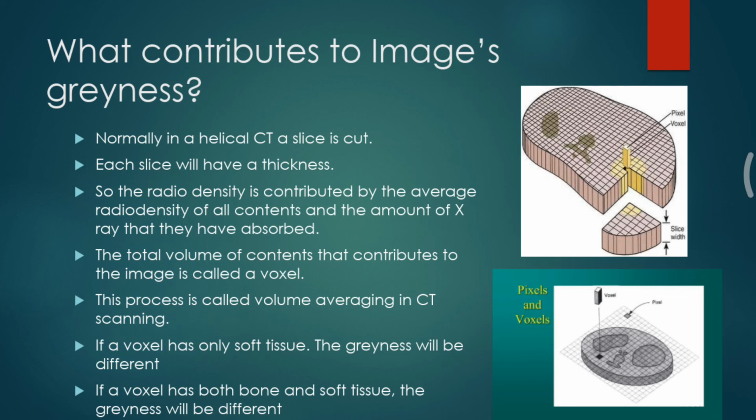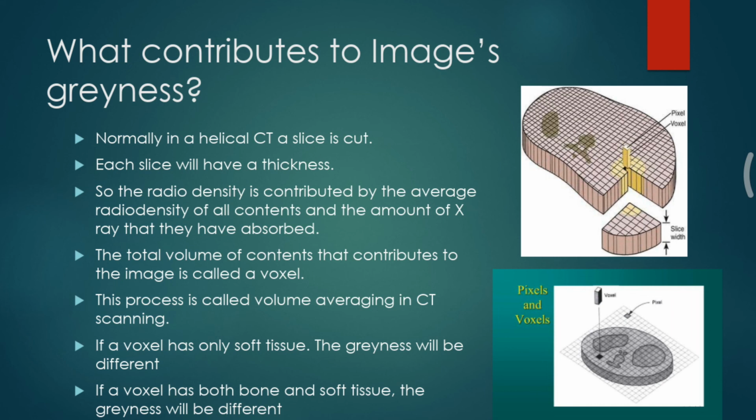Now when the CT goes, each slice has a specific thickness. If you look under a single pixel, you will see that there is a thick structure of the basic tissue.